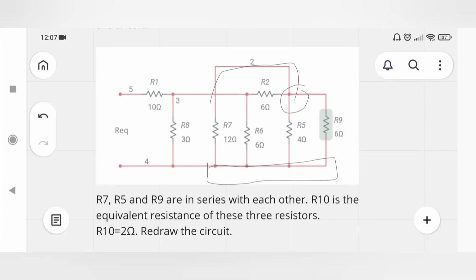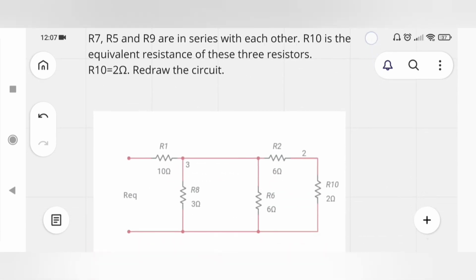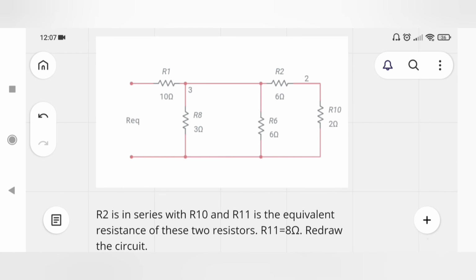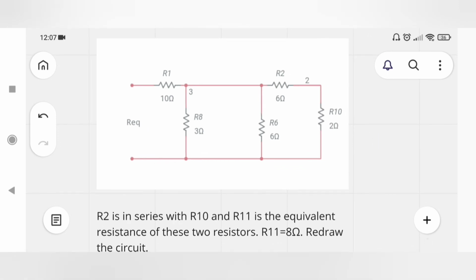R10 is the equivalent resistance of these three resistors, and it is calculated as 2 ohm. So replace R7, R5 and R9 with a single resistance of 2 ohm. Let's redraw the circuit, eliminating R7, R9 and R5 and replacing them with R10.